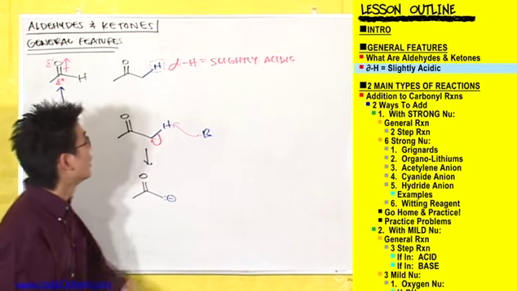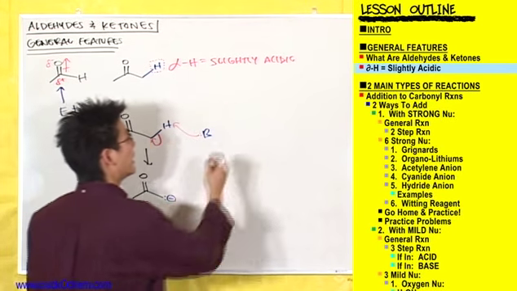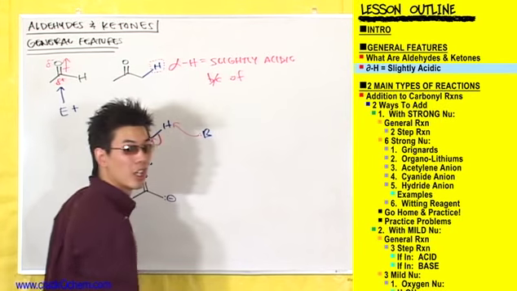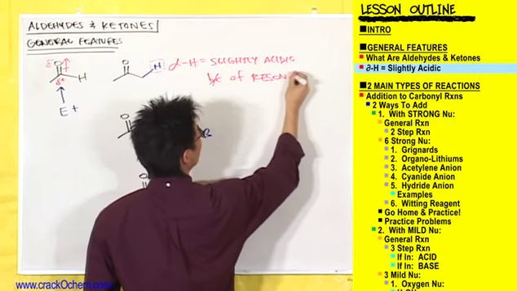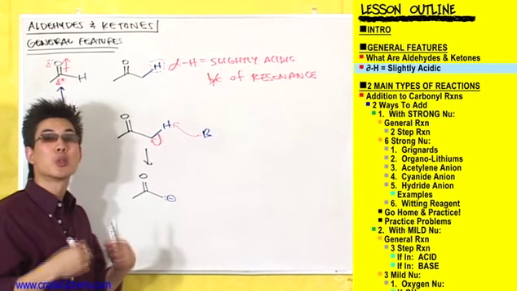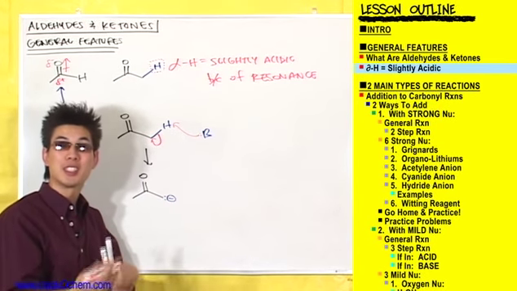Well, check this out. We say that an alpha hydrogen is slightly acidic because of resonance. Because this guy has resonance structures, and the more resonance structures you have, the more stable you are.